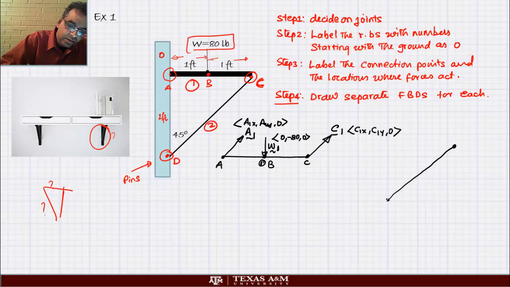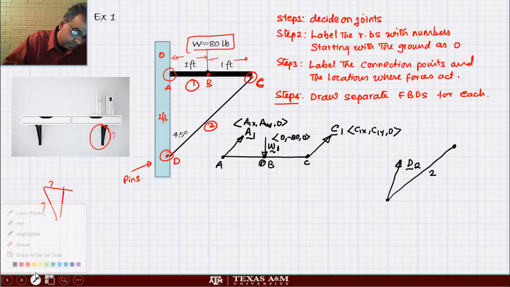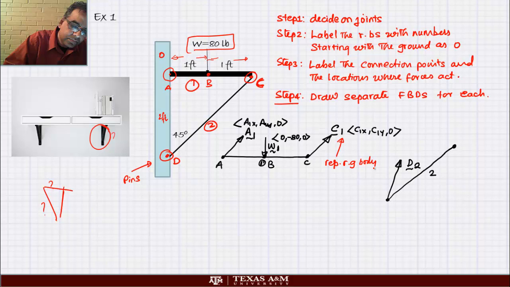And then I'm going to draw the other one, which is like this. I'm going to call this point D, that's the force there, and this will be called D2 because it's a second free body diagram. This subscript tells me which rigid body we are talking about.